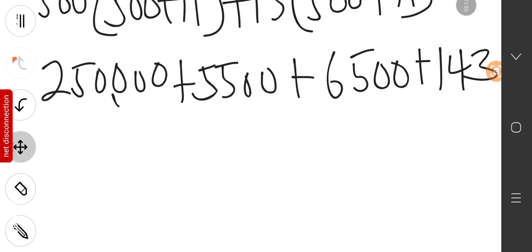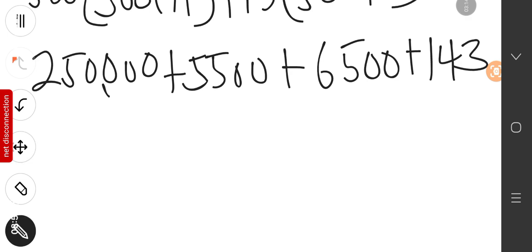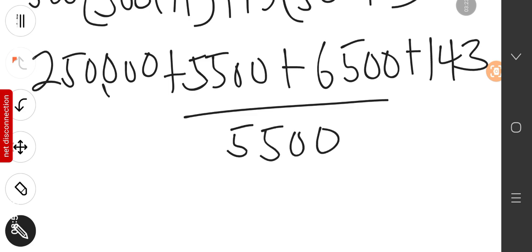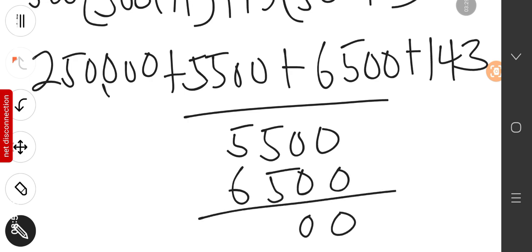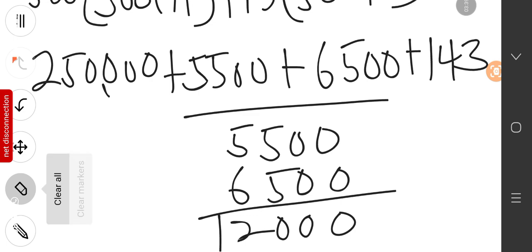All right, now we've been asked to expand this without using a calculator. So we are adding all this, so let's add this and this first. 5,500 plus 6,500 will give us 12,000.